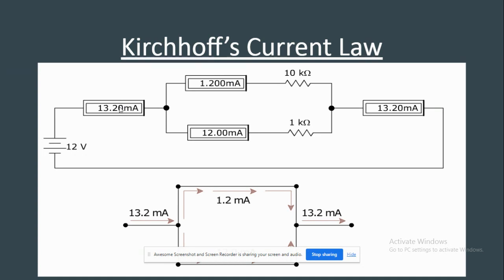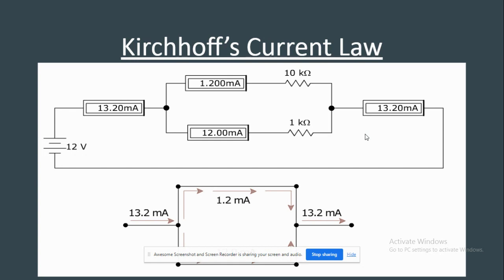According to Kirchhoff's current law, the current entering this node should equal the current leaving through it. Here we have a current of 1.2 milliampere and here 12.0 milliampere, which equals 13.20 milliampere. This proves that the current entering this node is equal to the current leaving this node.